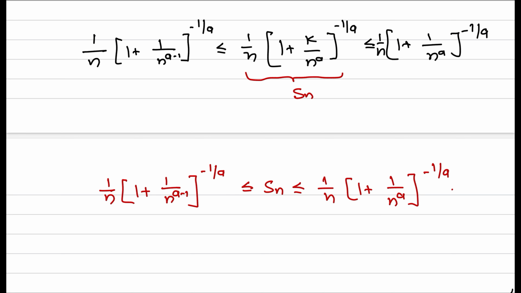Now, a is greater than 1. When a is greater than 1, a can be infinity also. a can be anything. What happens to this value?